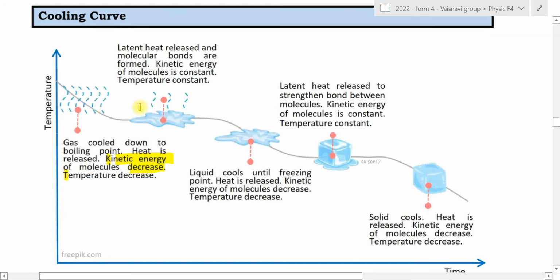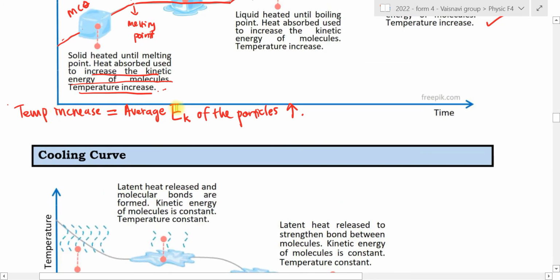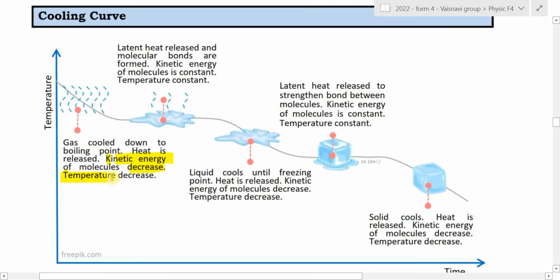I already said, if the average kinetic energy of the particles increases, temperature increases. If the average kinetic energy of the particles decreases, temperature decreases. Okay.